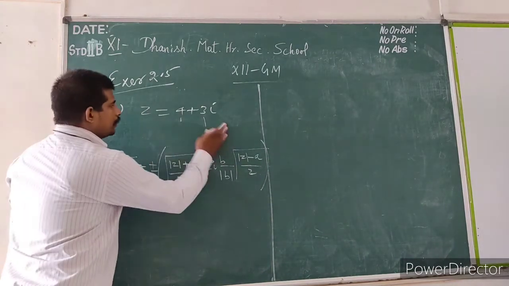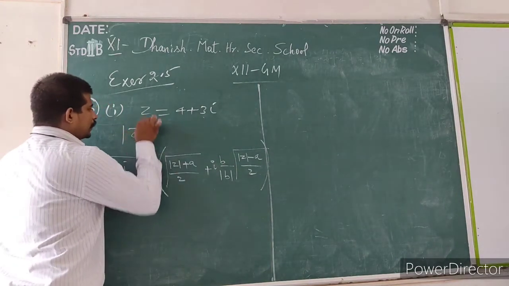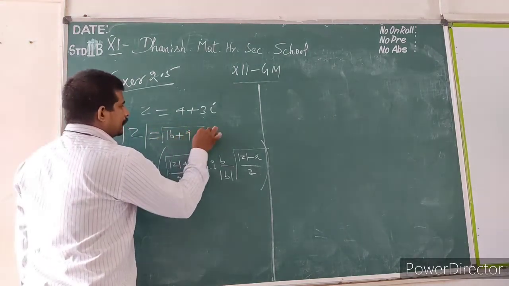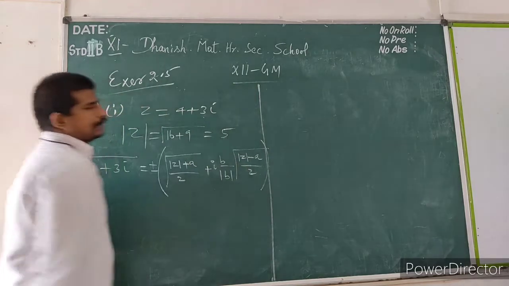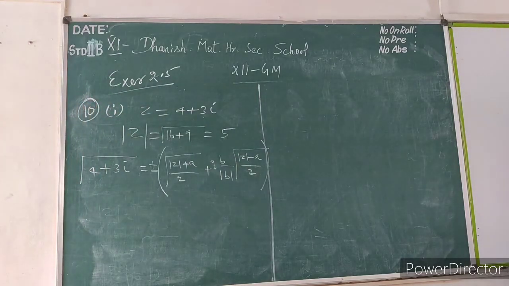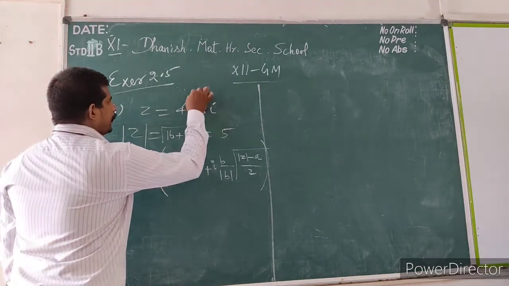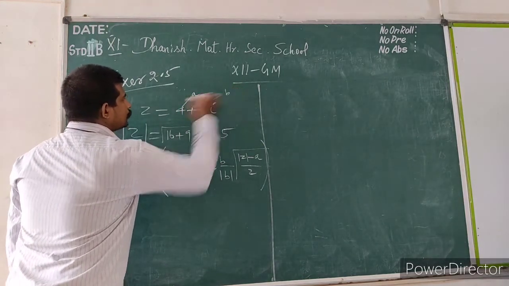Before using this, we can find modulus z. Modulus z equals root of 16 plus 9, that is root 25, that is 5. Here our modulus z value is 5. Now, our a is 4, b is 3.